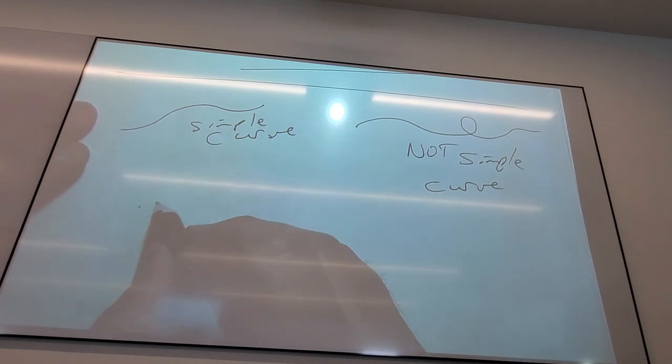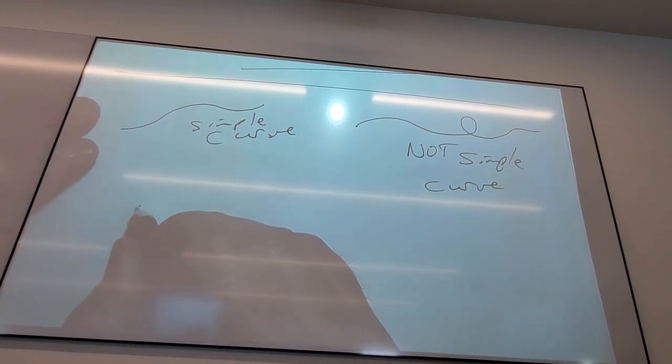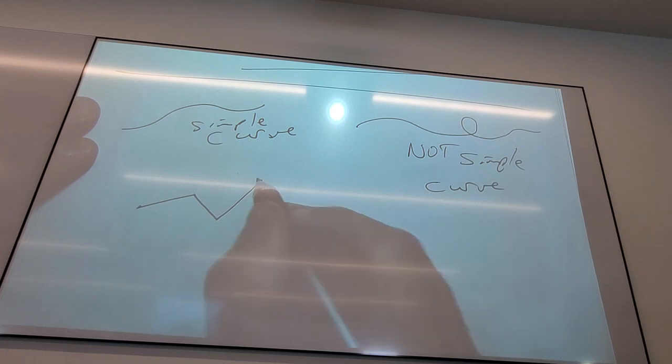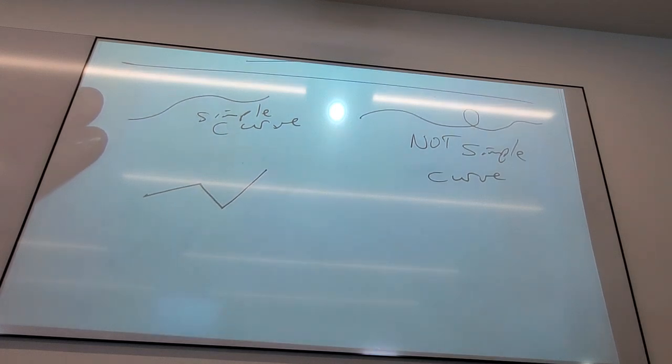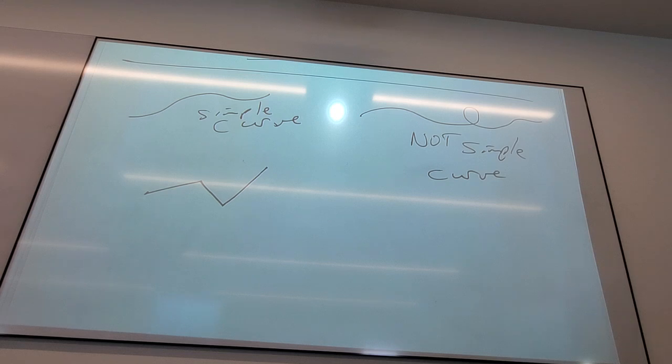Real quick, is this a simple curve? Yes. What's weird is the word curve makes it seem as if it's got to be curvy, but no, it just has to not come back on itself. So that is a simple curve composed of line segments, if you want to get really specific.